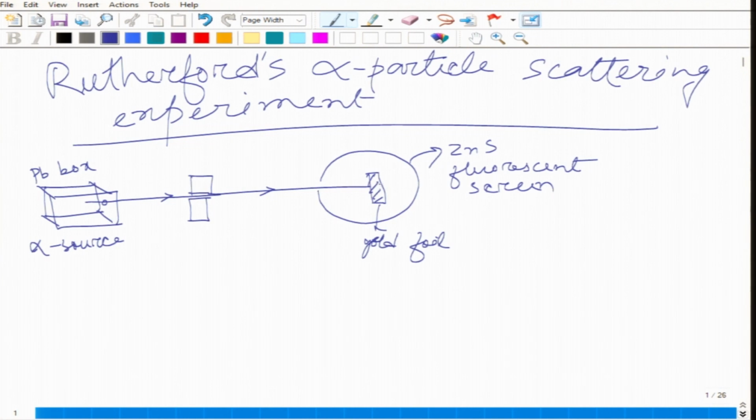Some of the rays passed through the gold foil undeflected and hit the zinc sulfide screen in an undeflected position. From this, Rutherford drew the conclusion that the undeflected rays did not pass through any barriers.